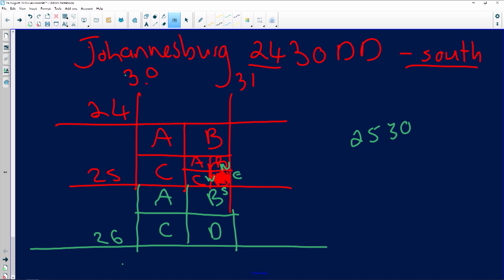It will be in big block B and small block B. We take our grid and we divide it into 4 small blocks. So the map code south of Johannesburg will be 25 degrees, 30 degrees longitude, big block B, small block B. Okay, that's the map code.